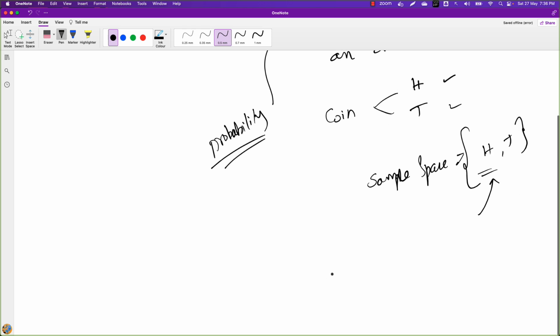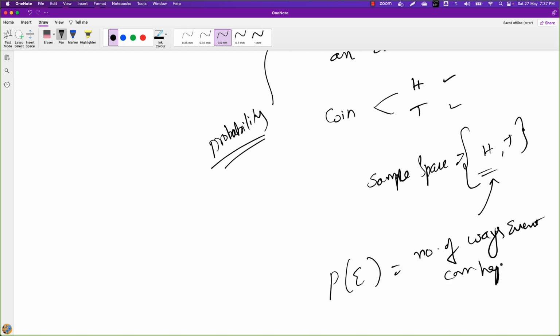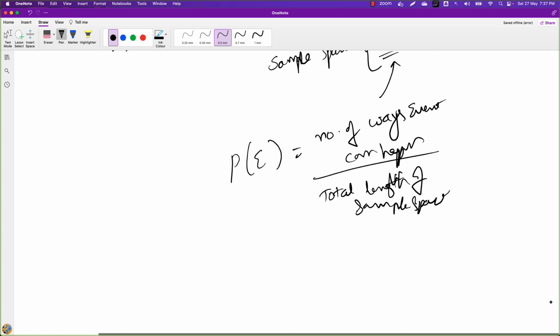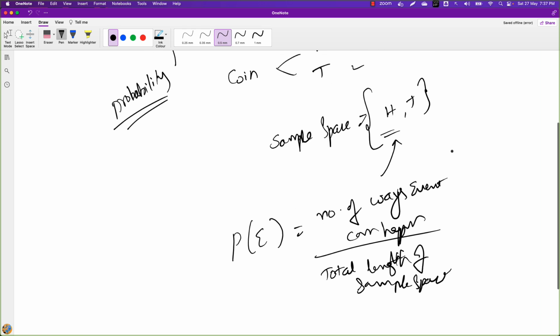The formula of probability is: the probability of an event is given by the number of ways the event can happen divided by the total length of the sample space. For example, applying the same formula, if I want to calculate the probability of head, in my sample space the head is only 1.